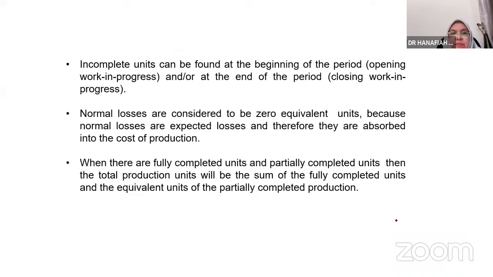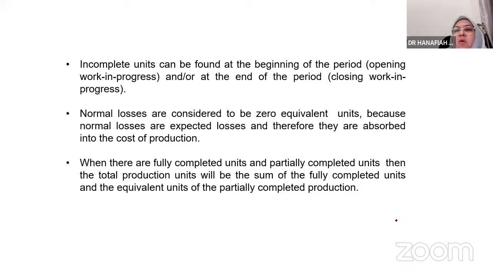Incomplete units can be found at the beginning of the period. Let's say from this month you carry it to the next month. So, the closing work for March will be the opening for April.